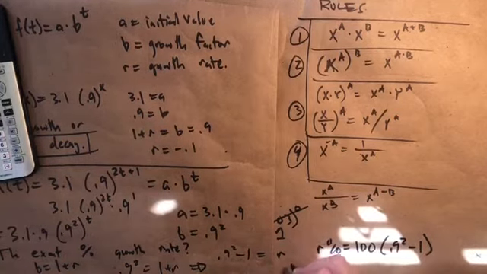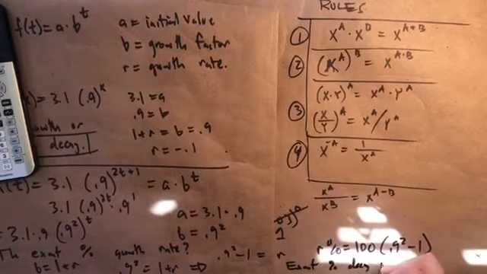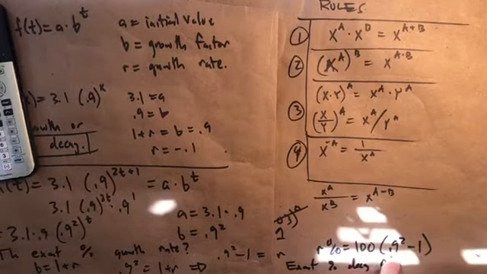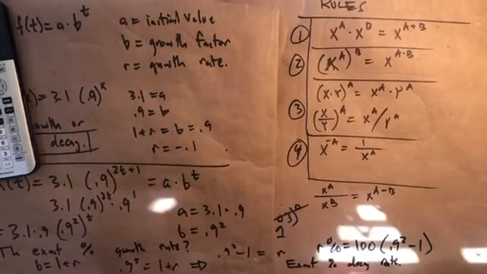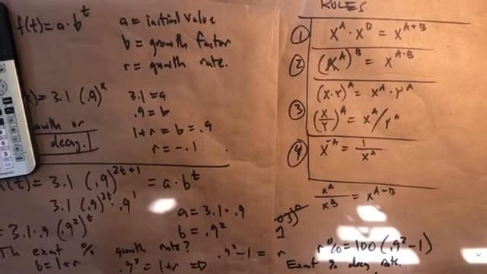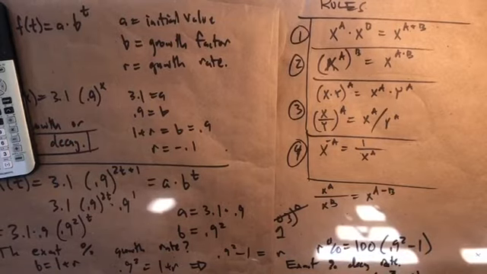If I was asked for the exact percent decay rate, I would have to take this value and multiply it by a negative 1, because a decay rate is always going to be a positive value.